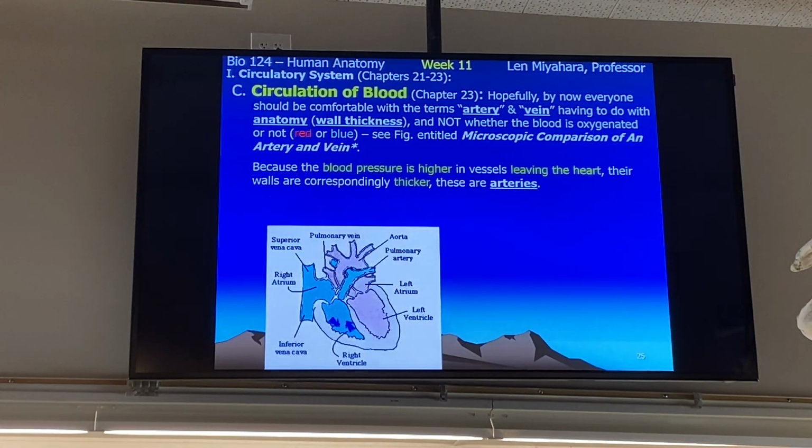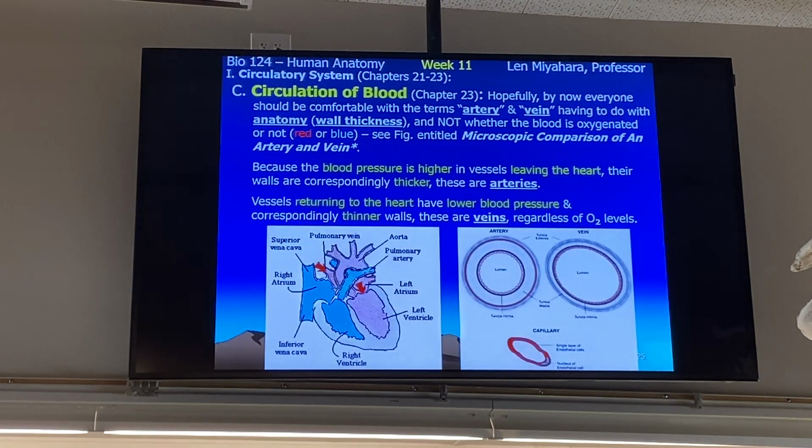All right, let's go to the blood vessels. We covered this material in lab, so I guess you do need just to know it in lecture. The term artery and vein is an anatomical term, has nothing to do with the color of the blood in it. It has to do with what it looks like.